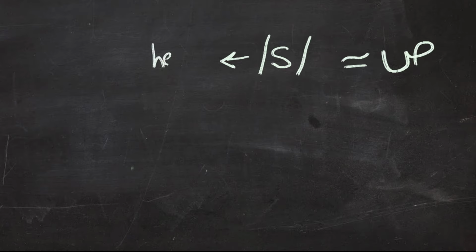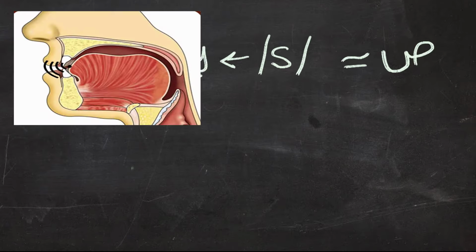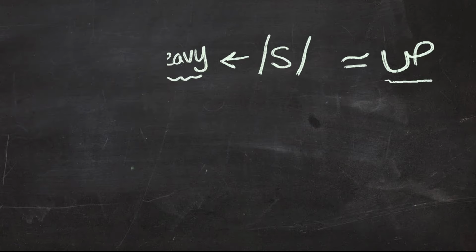In order to demonstrate my point, I am using this symbol so that you get what I'm talking about. So in order to pronounce sad, you need to lift the back of your tongue to the roof of your mouth to get it the best way. Sad, sad.